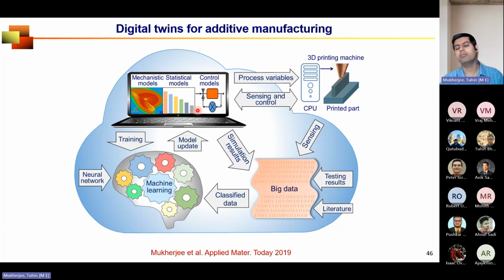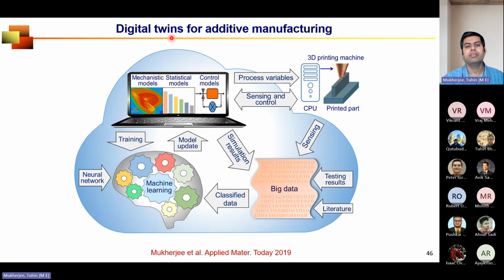Sometimes I also have been talking about analyzing the data from literature or previously done experimental data. How we can put together and then build a framework that will virtually represent the physical printing system. So it's like a twin in the virtual environment, a twin of the physical hardware in the virtual environment.